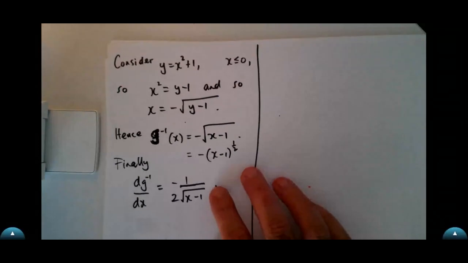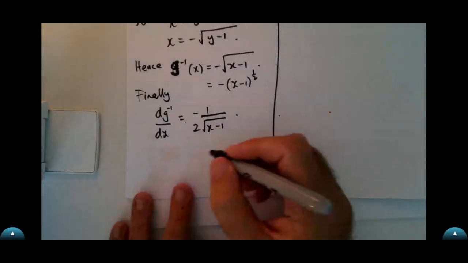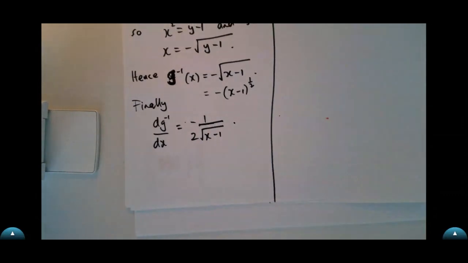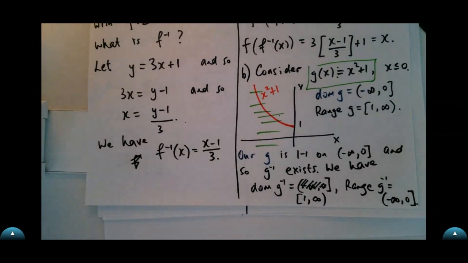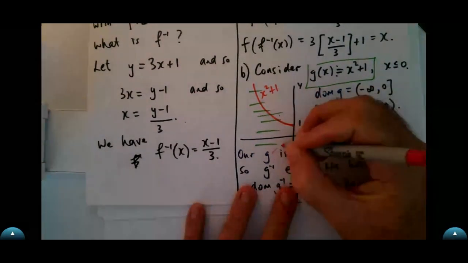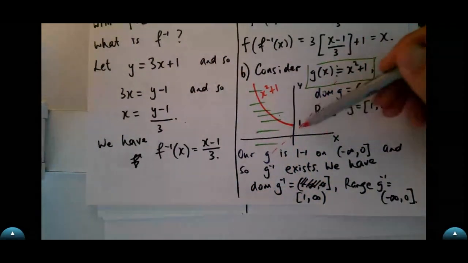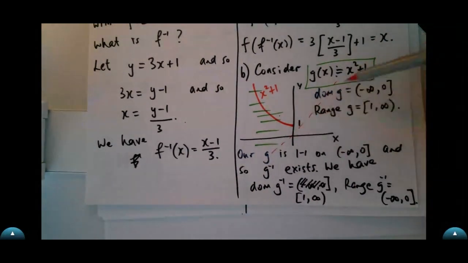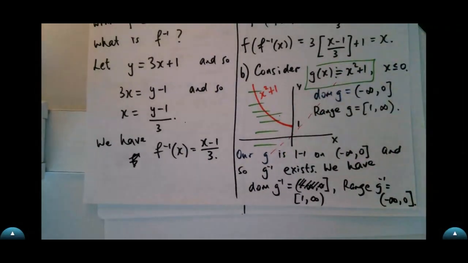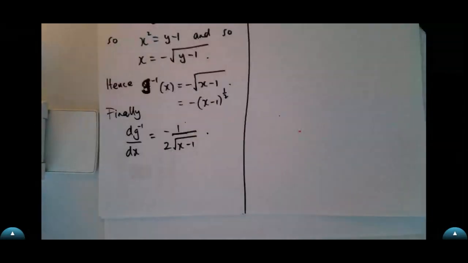Yeah, if you draw a picture, you'll also see that, so I won't do it in GeoGebra, but you kind of know what's going to happen, right? I've got a red pen. Yep. Here's your line. You're going to get a reflection in the line y equals x there to get your inverse function. Okay. All right.